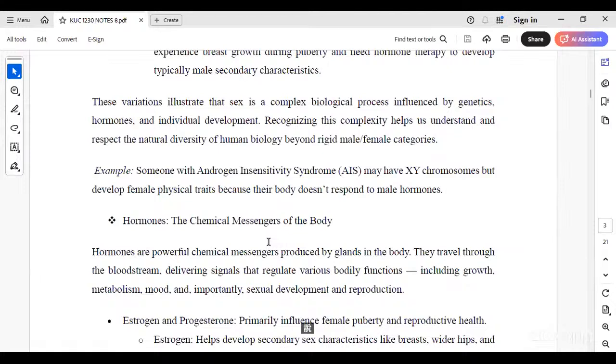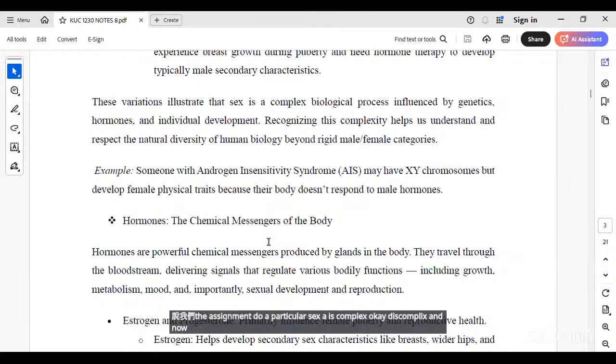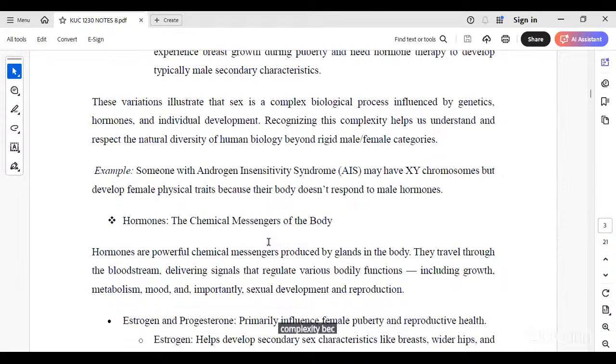So the variations that we've seen, Turner syndrome and Klinefelter syndrome, illustrate that the assignment to a particular sex, either male or female, is complex.